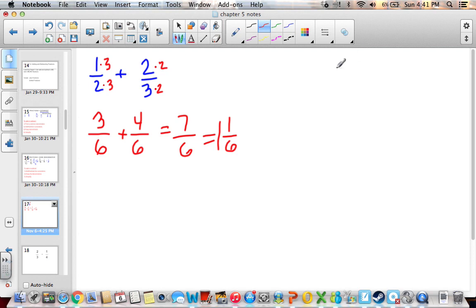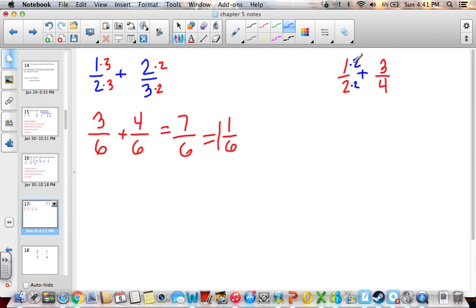If I have, let's just do 1/2 and 3/4. And we'll add them together again. 1/2 and 3/4. I know that 2 can go into 4, so for this example, I only need to change this fraction.